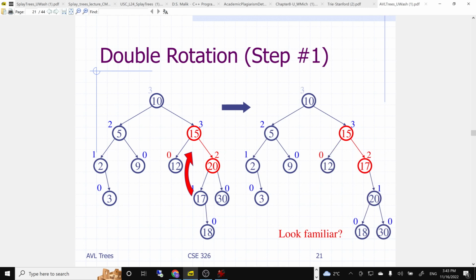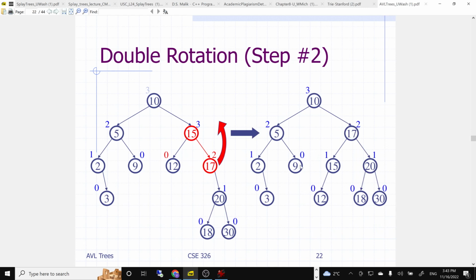So you need to rotate this up first, and then you have this case. And now, of course, this is easy. Now you can rotate, and it will attach. So the question is, where will it attach? 17. Well, let's see again. It will attach here. So step 2, 17 will attach here.